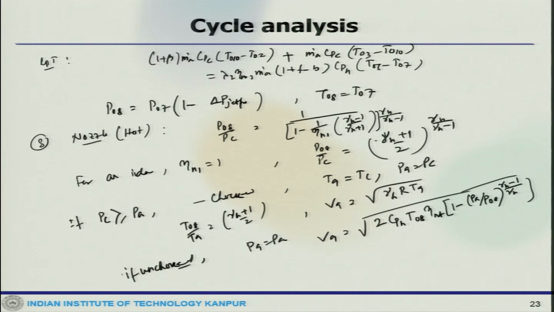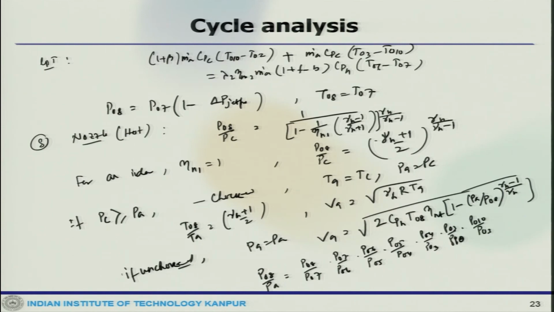So the pressure ratio in the nozzle, P naught 8 by Pa, can be obtained as the product P naught 8 by P naught 7, P naught 7 by P naught 6, P naught 6 by P naught 5, P naught 5 by P naught 4, and so on, P naught 3 by P naught 2, sorry, P naught 10 by P naught 2, P naught 2 by P naught A, P naught A by Pa.